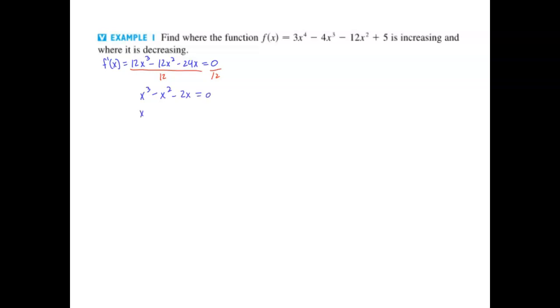I can factor out an x. And then I can factor that polynomial. So that's x minus 2 times x plus 1. So basically I get 3 critical values here: x equals -1, 0, and 2.